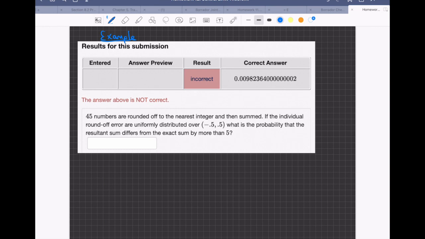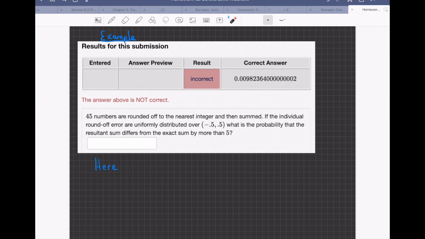All right. First, notice when you do this kind of problems, you will have to find the size of the sample. In this case, we can interpret that the 45 numbers is like we are taking a random variable for each of them, but they have the same distribution. That is, in this case, uniformly distributed over -0.5 and 0.5. Remember, we have seen before the uniform distribution.